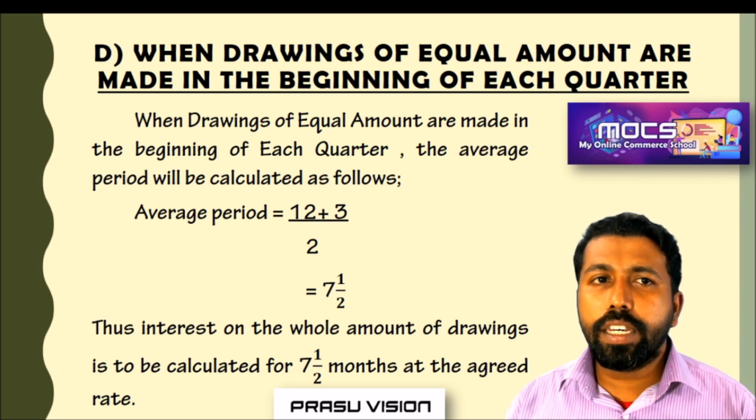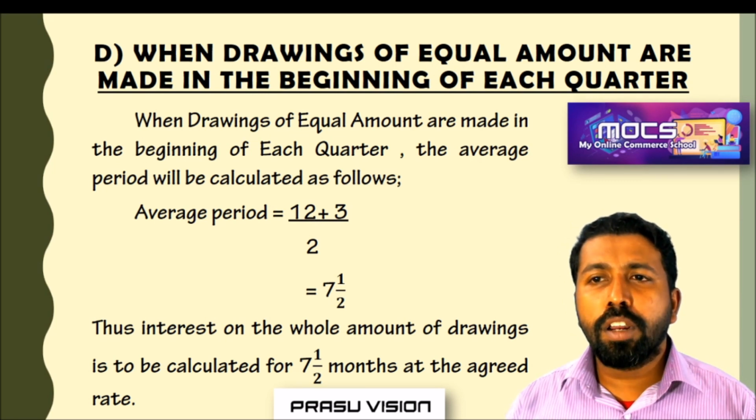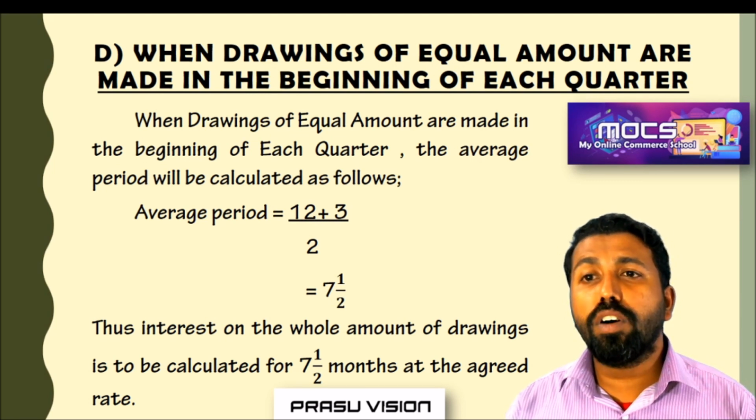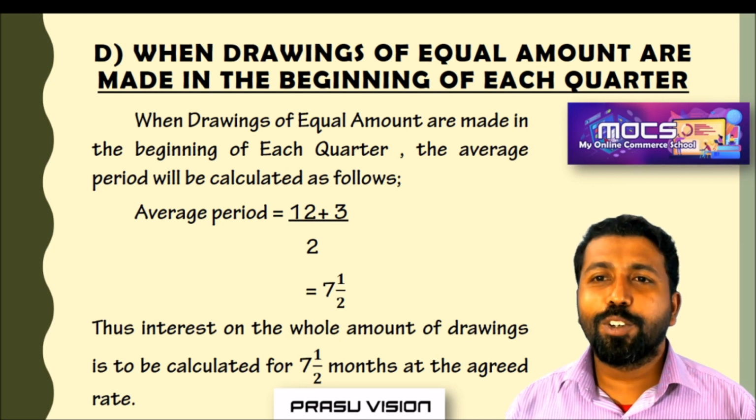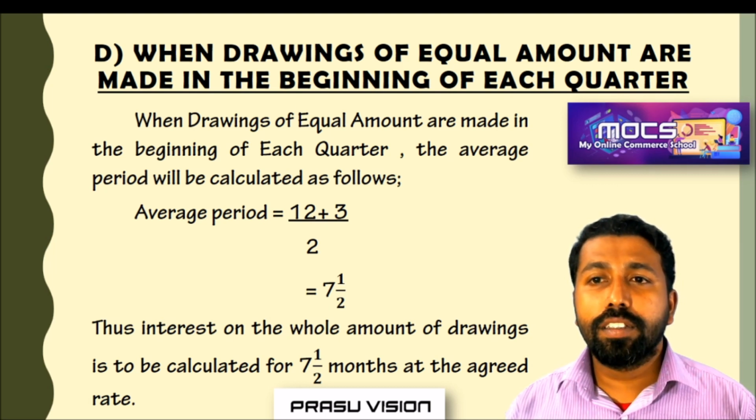Dear students, here drawings of equal amount are made in the beginning of each quarter, which means there will be 4 sections. In a year, when we divide the total months, 12 divided by 4, we get 3. So 1 quarter involves 3 months.